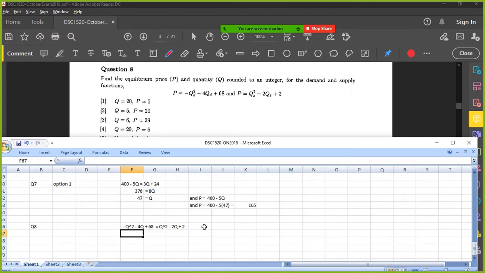So I'm going to take everything to the right. I'll have 0 equal to, let me just copy this bit and update it. If I take this to the right, it becomes plus, so I'll have 2Q squared. Then I've got minus 2Q. If I take the minus 4, it becomes plus, so plus 4 minus 2, which is plus 2.